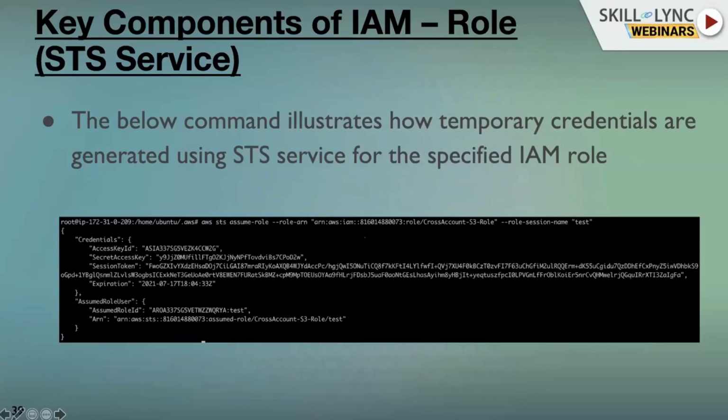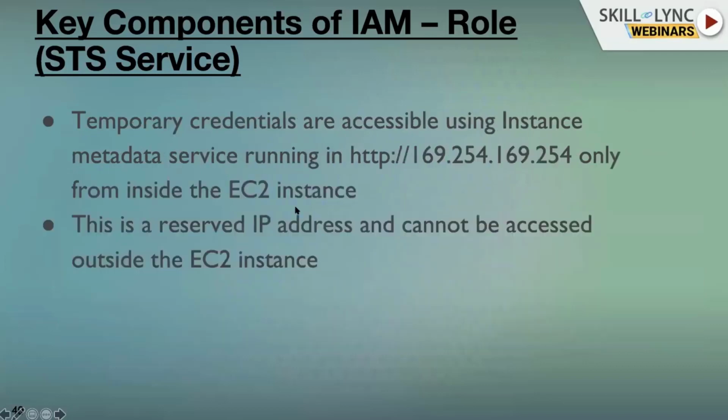As I told you, this role ARN is created by the account admin, and he shares it with us. You enter that role ARN and give a session name, which is customizable. I've just given it as test here. Once you enter this, you'll see the credentials. These are temporary credentials: an access key ID, secret access key, and session token are generated, and you start using them.